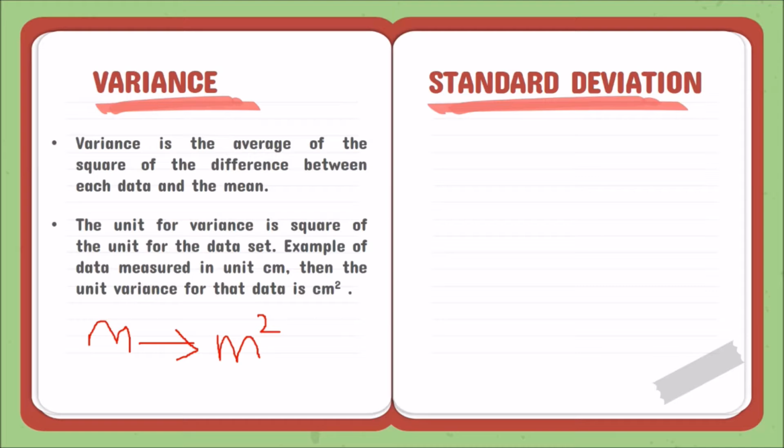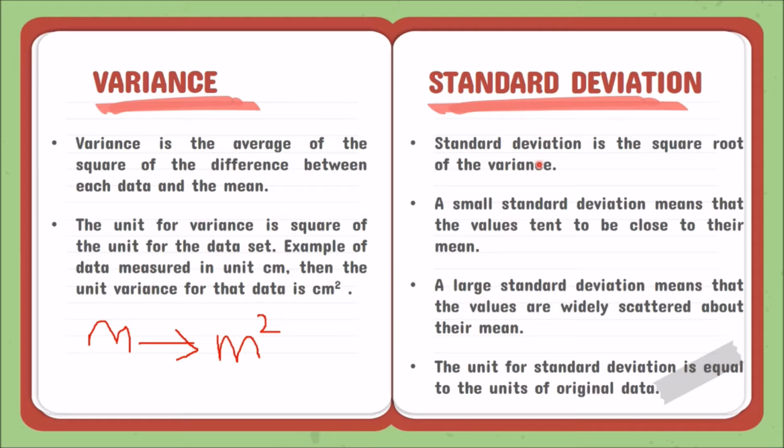Next, what is standard deviation? Standard deviation is the square root of the variance. By taking the square root of the variance, we can find the standard deviation.